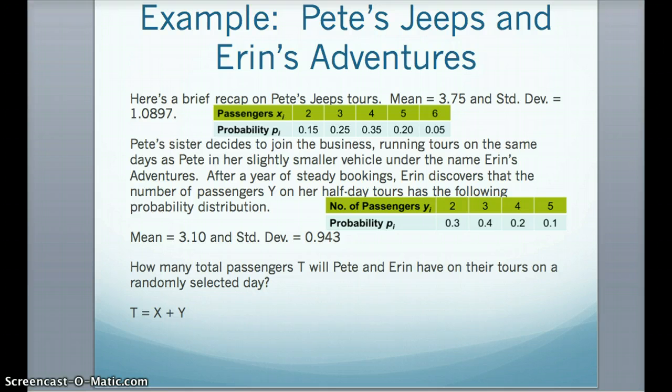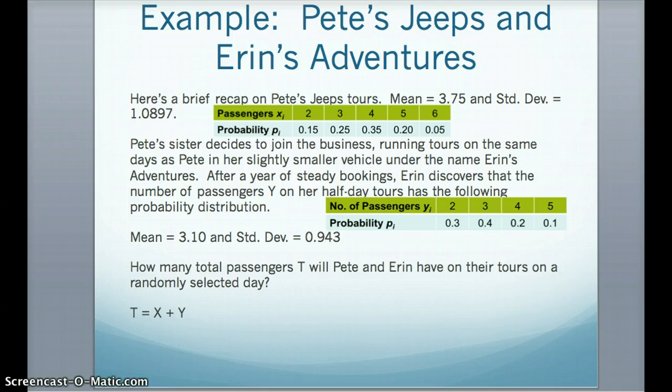So then let's say that Pete's sister Erin decides to join the business, running tours on the same days as Pete in her slightly smaller vehicle under the name Erin's Adventures. And let's just add that she's doing this in a completely different part of the country.